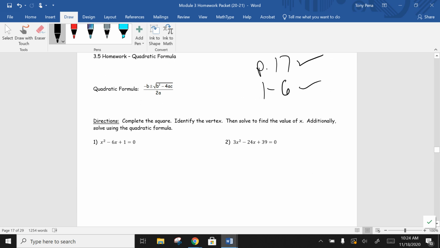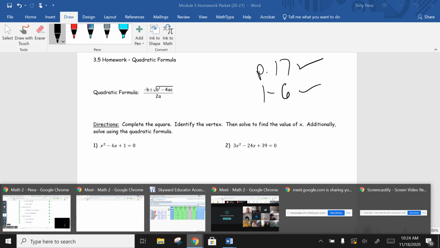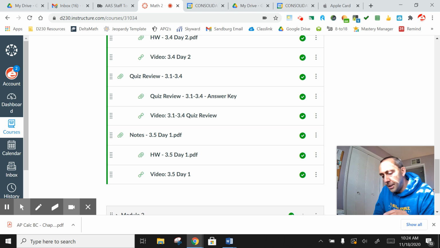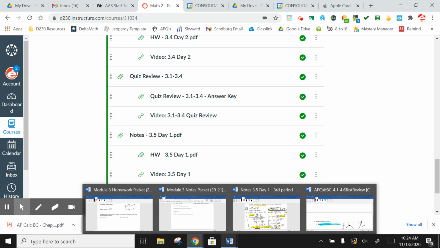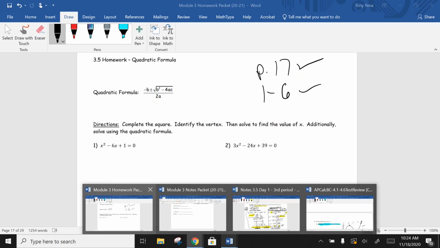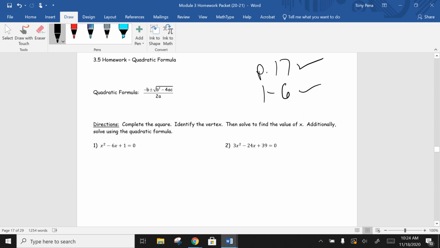So that's for tomorrow. If you don't have the packet printed, then you can get the homework again right here on the notes, underneath where the notes are at. That's the homework. And then make sure you get that uploaded for tomorrow. Page 17, 1 through 6 in the packet.